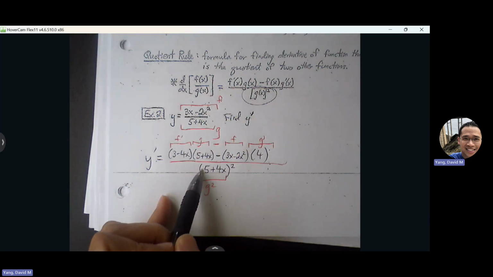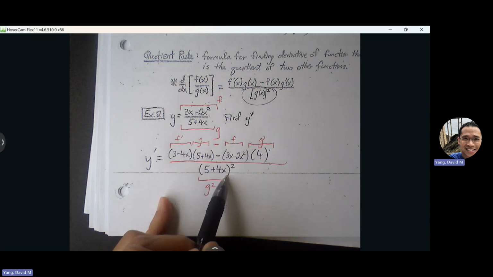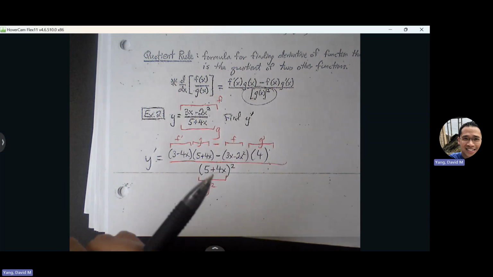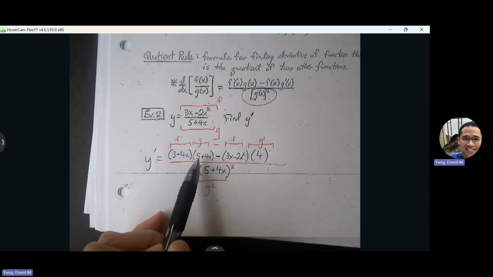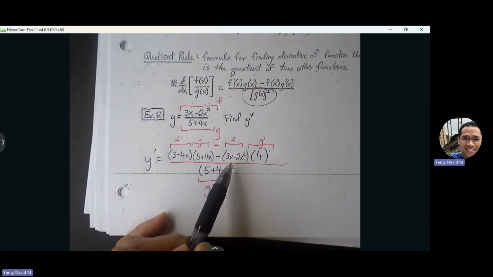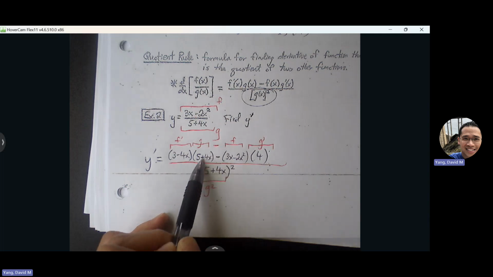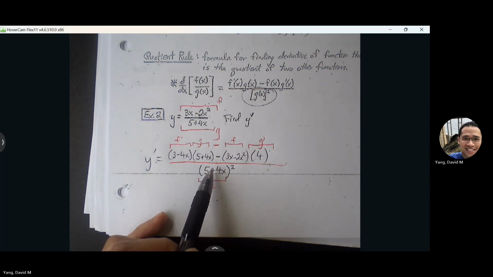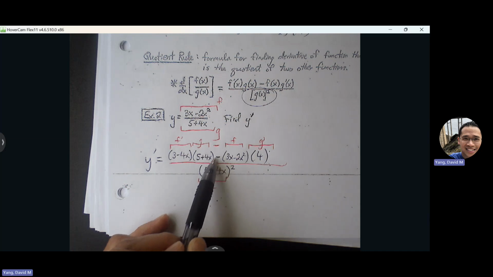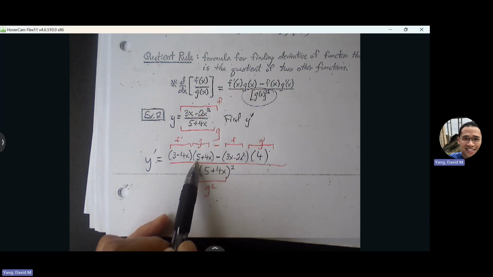The reason that I say your denominator is not going to change is because some students want to do this where they see a bunch of 5 plus 4x's and start canceling, taking out one of the 5 plus 4x's. Why can I not do this? Because this is attached to an addition and subtraction.